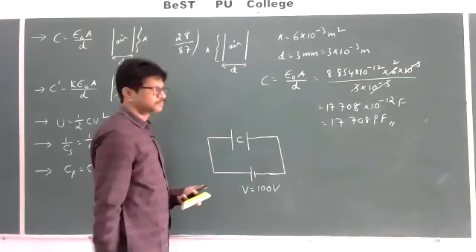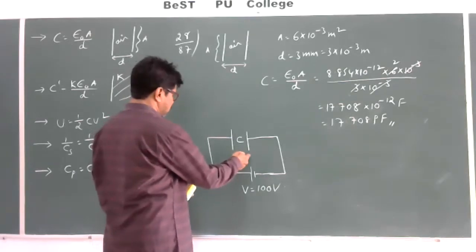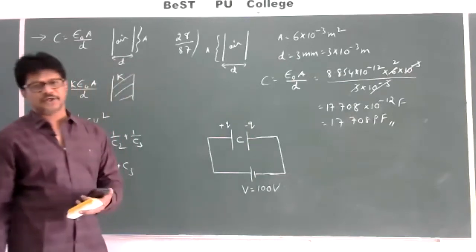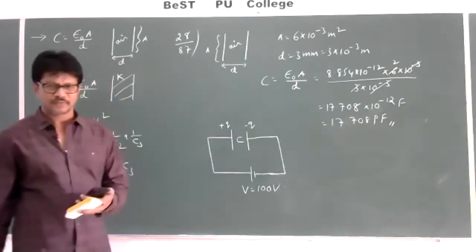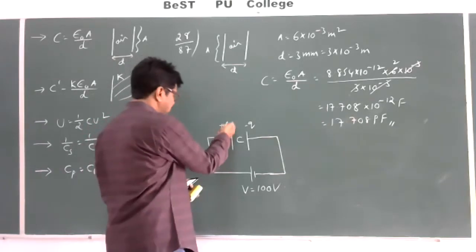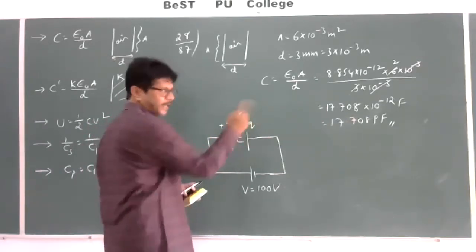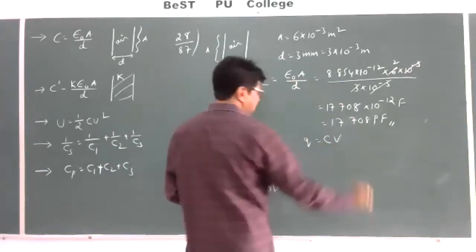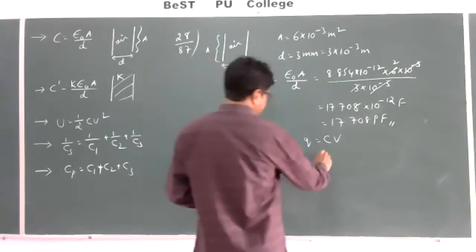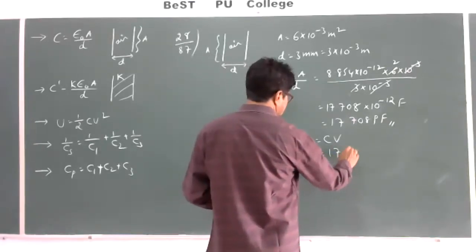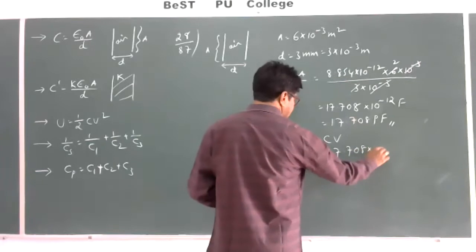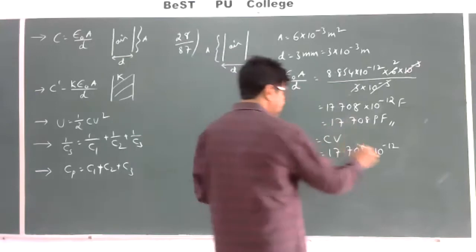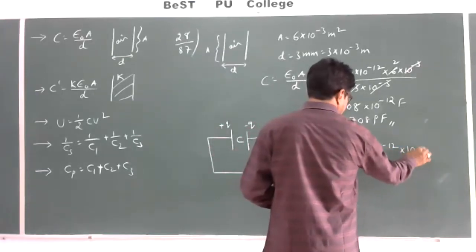As we know, in a capacitor, both plates get the same magnitude of charge but of opposite nature. He is asking for the charge on each plate, that is the Q value. As we know, Q is equal to CV, where C is what we just got, 17.708 into 10 to the power of minus 12, and V is equal to 100.